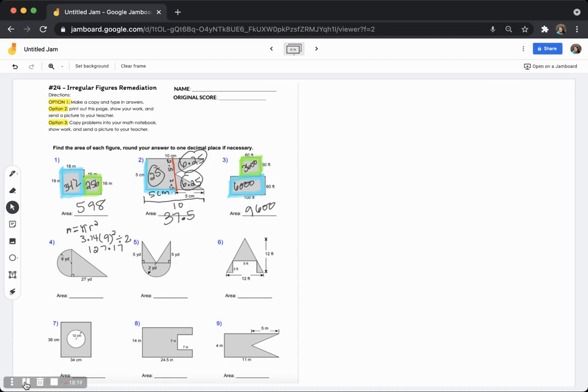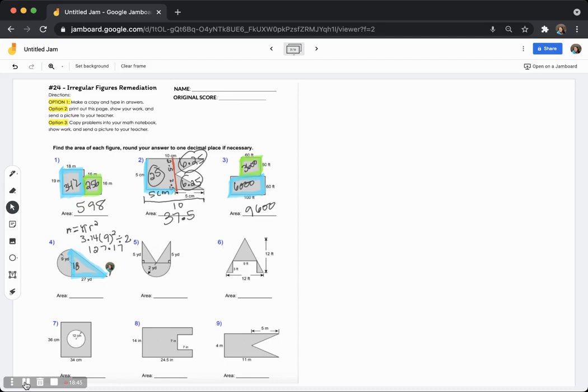Right, then for the triangle, I know that the base is 27, but I need the height, and the height would be the diameter of the circle. So if the radius of the circle is 9, then the diameter of the circle would be 18. So then I'm going to do 27 times 18 divided by 2, because it's a triangle, base times height divided by 2.